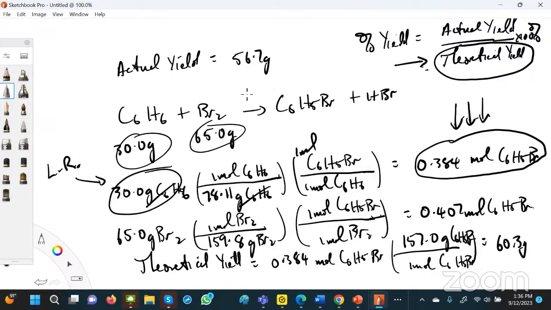So to get the percent yield, where am I going to put that? Let me squeeze it in here. So the percent yield is going to be the actual yield, which is given as 56.7 grams, divided by the theoretical yield, which we just calculated here, which is 60.3 grams, times 100%.